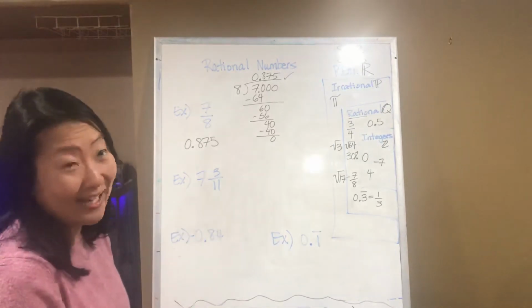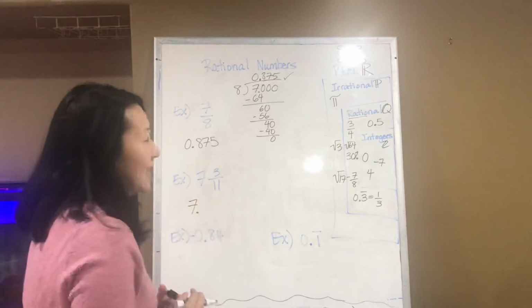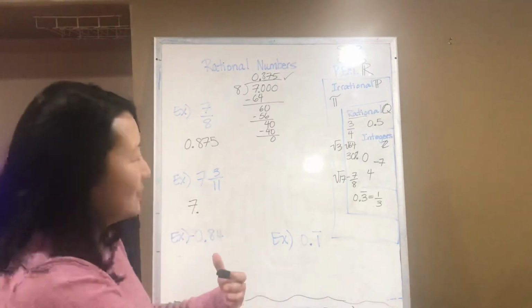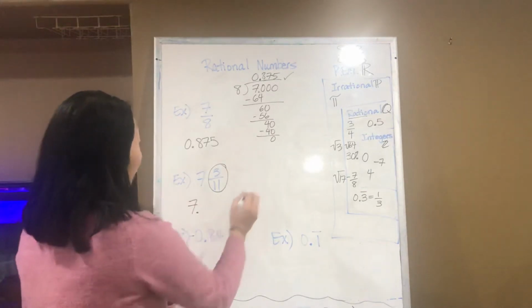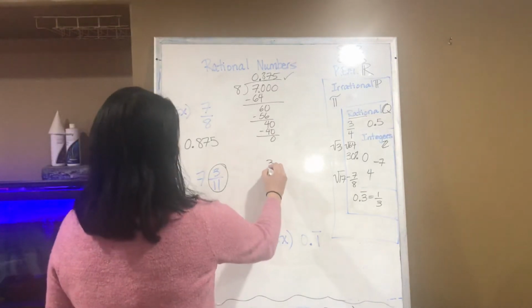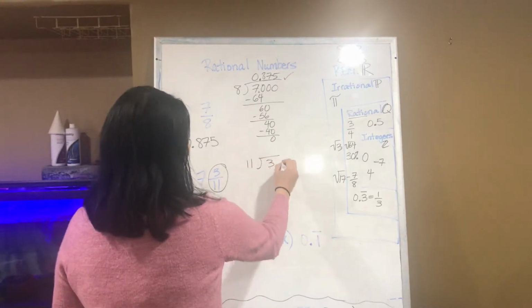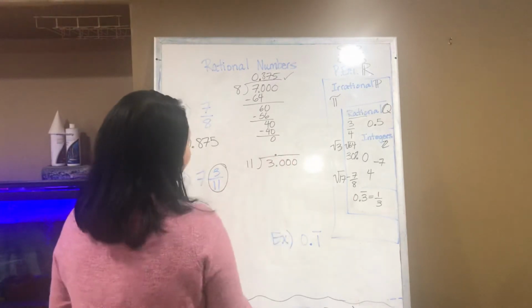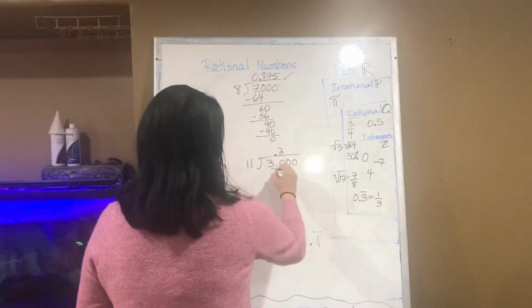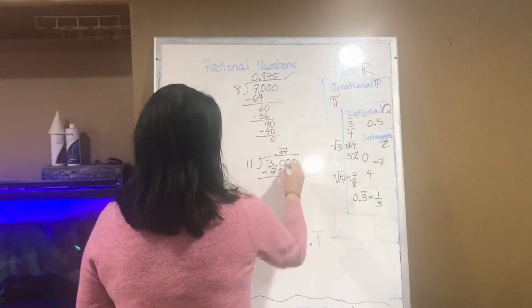The next example is a mixed number. It's 7 and 3/11ths. But I really don't have to do anything to the 7 at all because I know it's going to be 7 point such and such. So all I have to focus on is the 3/11ths. So I'm going to do the same strategy that I just did. It's 3 divided by 11. And I'll add some zeros here. Put my decimal. 11 goes into 30 twice. 11 goes into 80 7 times.